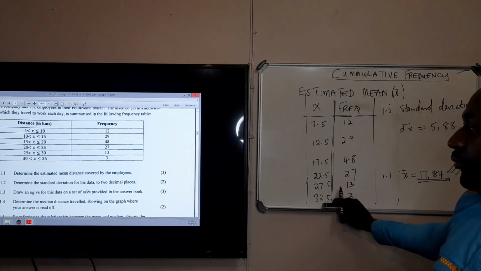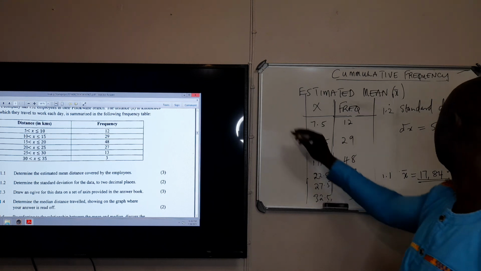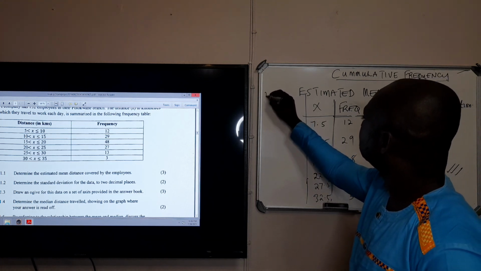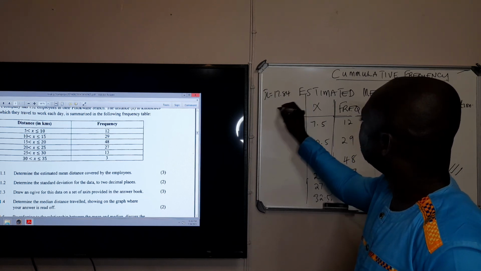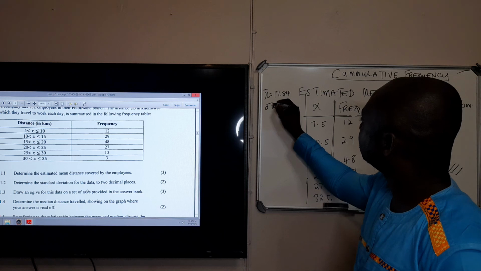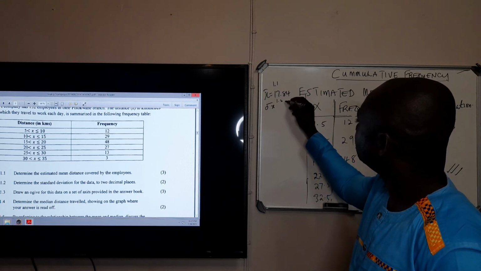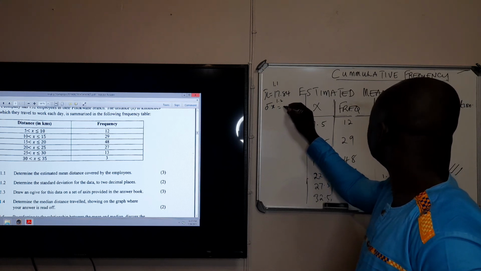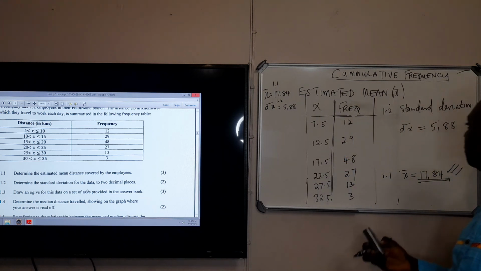I don't know if we are going to be asked a question again. Our mean x bar is equal to 17,84. Our standard deviation, which is 1.2, this is 1.1, 1.2. Our standard deviation is equal to 5,88 to 2 decimal places as requested by the question.